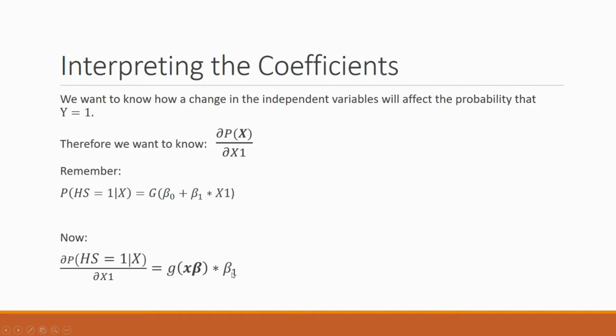Beta 1 doesn't give us how much the probability changes given a change in x. What we need is this whole expression. We always want marginal effects: how much does the probability change given a change in x. So this presents a problem for us when we're using Probit and Logit models.